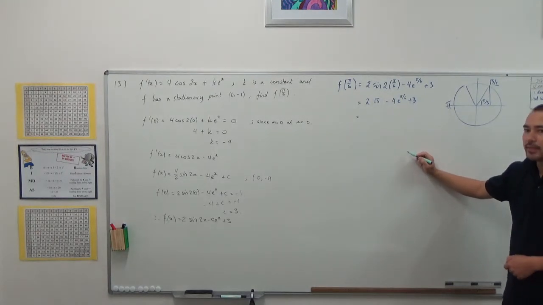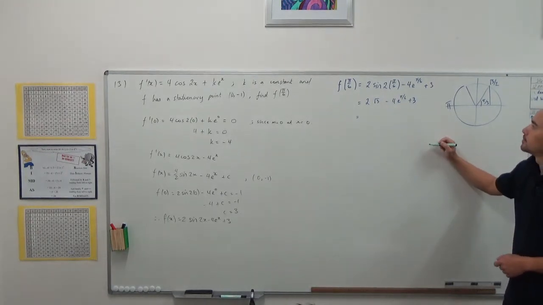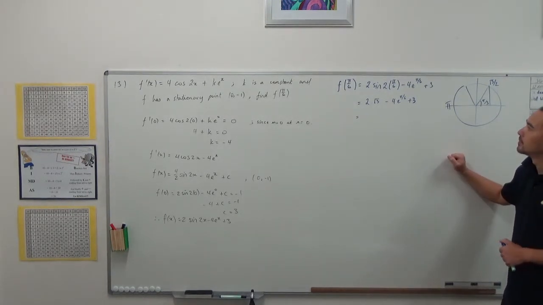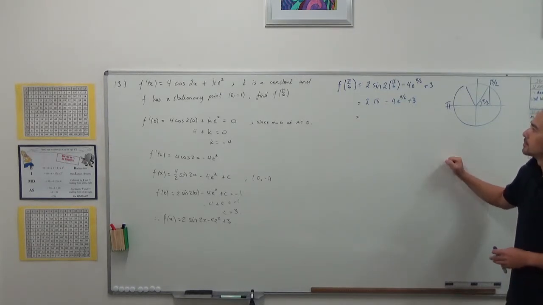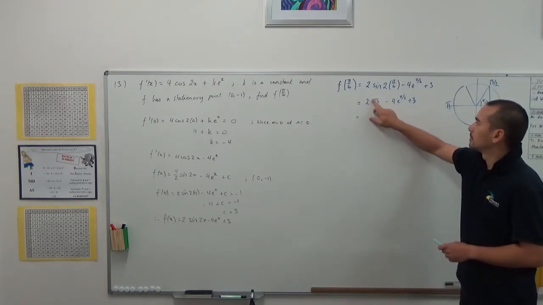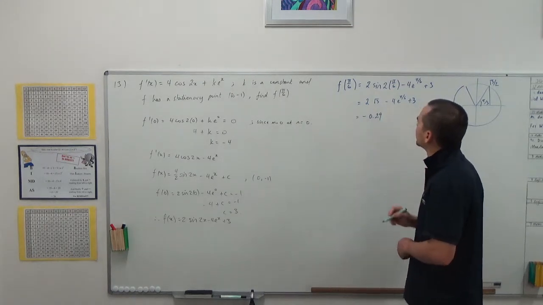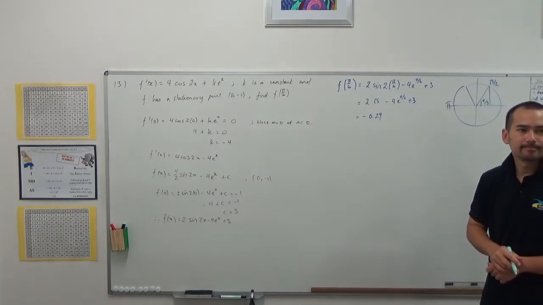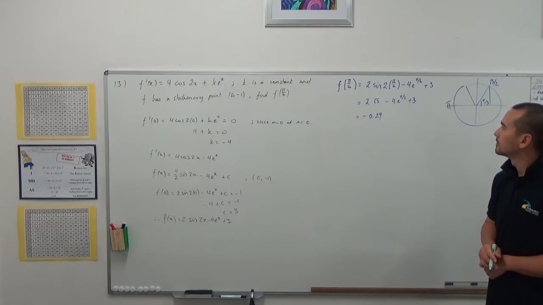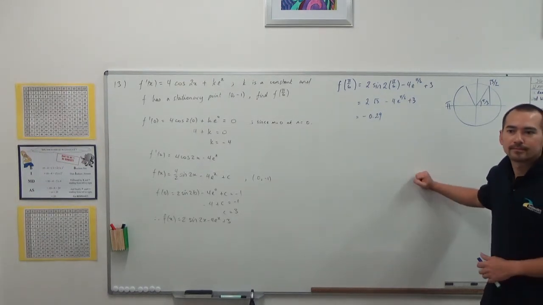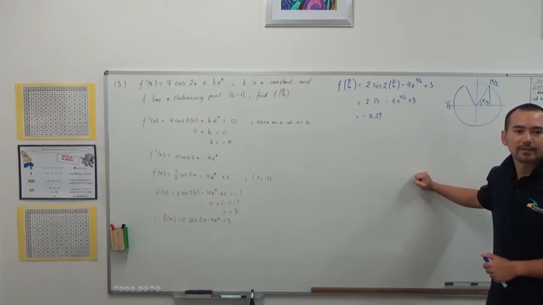Give me 2 decimal places, please. Negative 0.29. Is that what you got? Yeah. Okay, thanks.